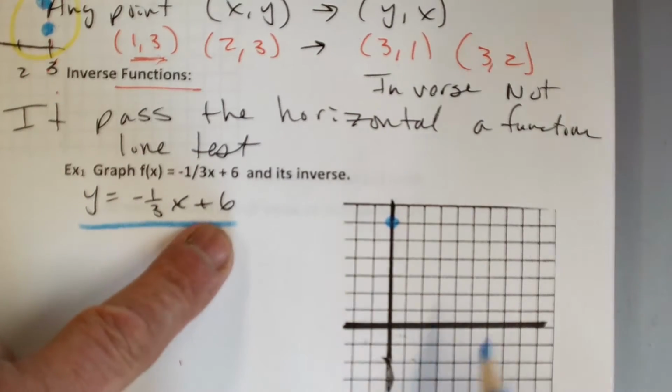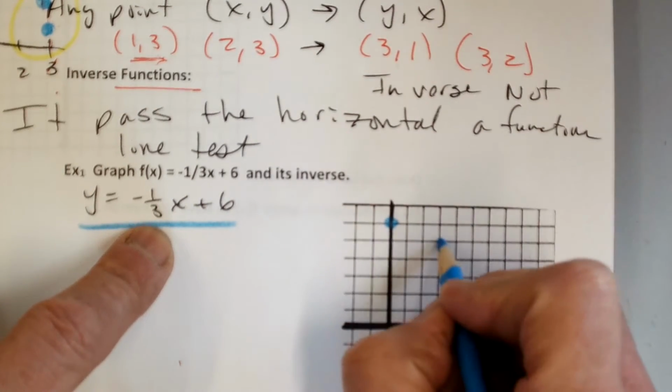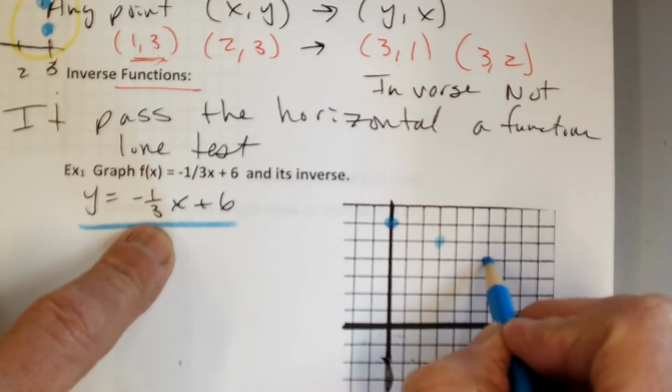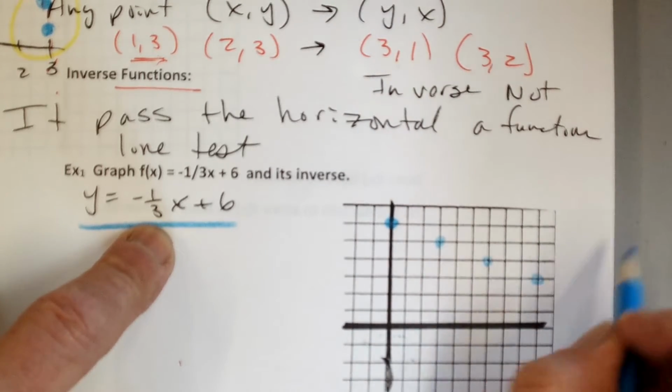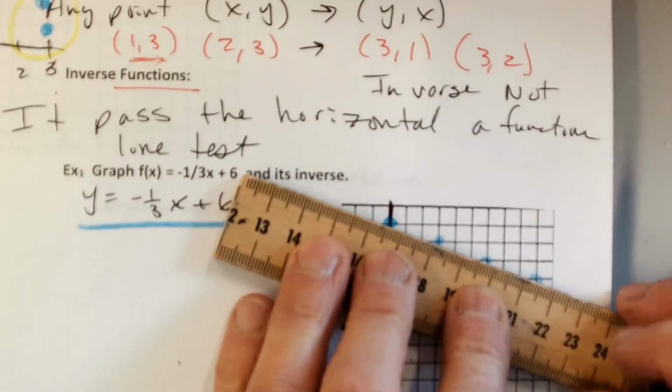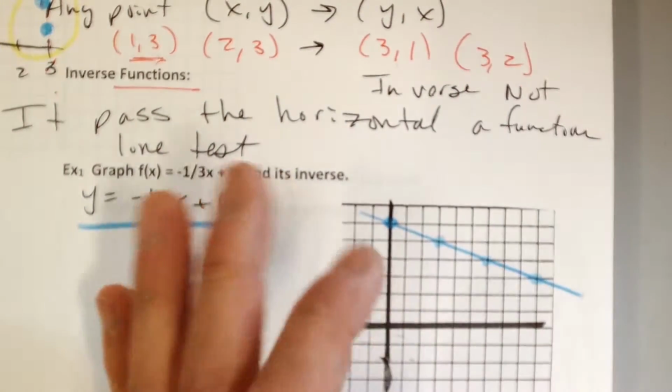Start at 6, then go down 1 over 3, down 1 over 3, down 1 over 3, and so forth. Here's my function.